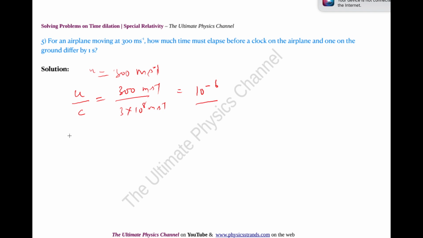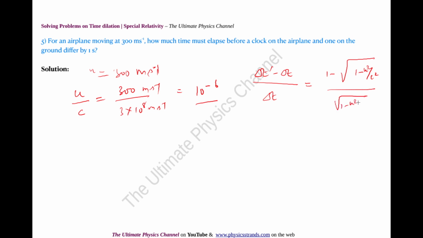Now again, the same expression that we used last time, we can continue to use here as well. That is del t prime minus del t over del t is equal to 1 minus square root of 1 minus u squared over c squared, over square root of 1 minus u squared over c squared. This is exactly the expression that we arrived at in the previous problem, right?